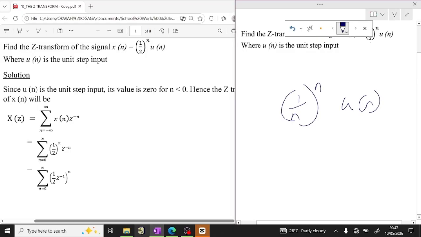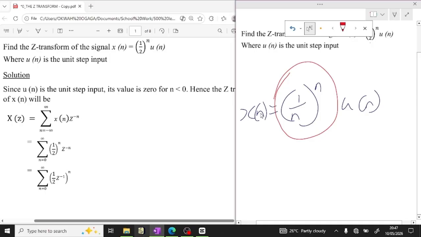Then we have x of n equals this. Looking at this, just this part is the signal. This part is our discrete signal, and we say it's discrete because what we have here is n, not t. If we have x of t, then it's a continuous time signal, but since it's x of n, it's a discrete time signal.